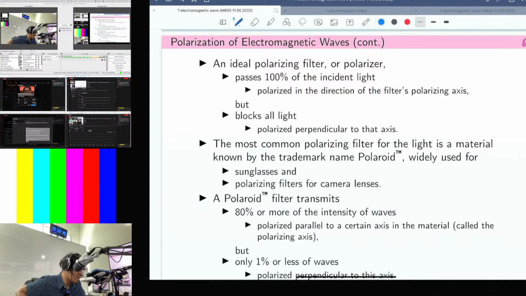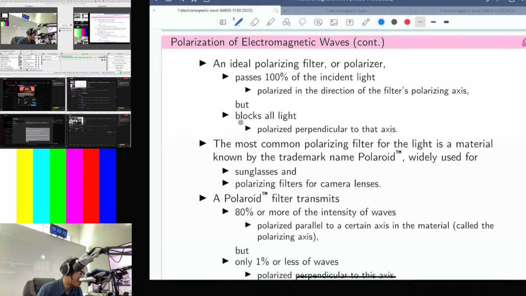Okay, let's talk about the property of the Polaroid, which is the polarizing filter, in a commercial way in reality. It doesn't pass 100% of the incident light. It will allow only 80% or more of the intensity of the wave if the polarizing axis is parallel to the axis in the filter.